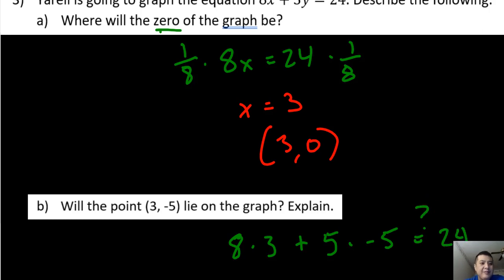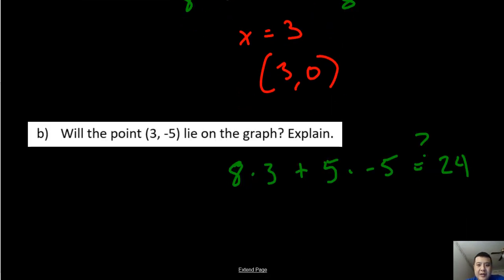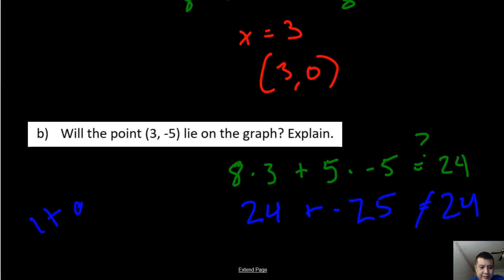Let's find out. That'd be 24 plus negative 15, and it does not get us 24. So therefore, it does not lie on the graph.